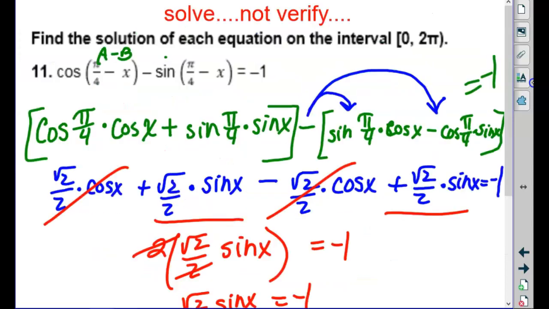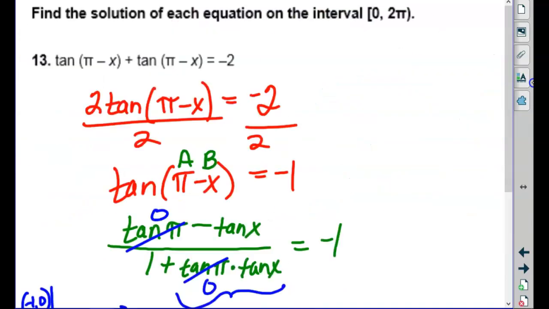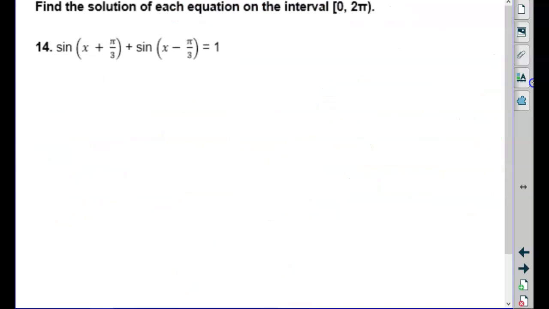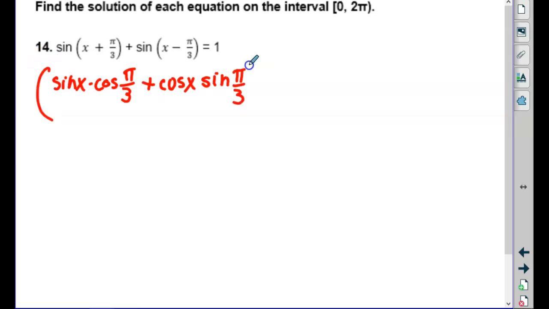Okay. I could do this last one real fast. The sine x cosine b plus cosine x sine b. Okay, that's the first one.